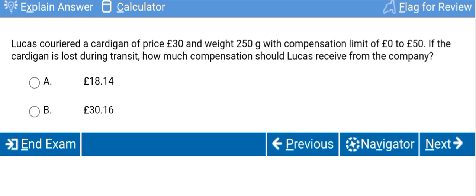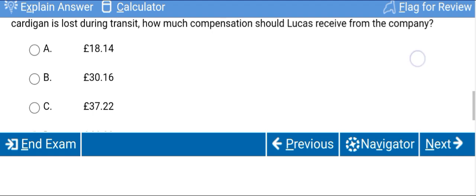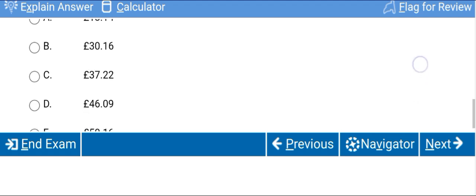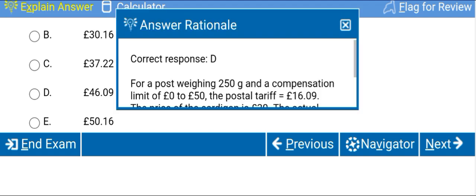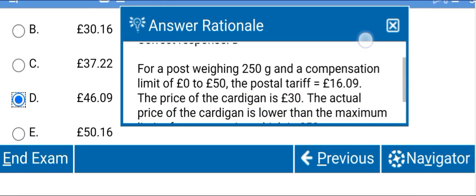Option A 18.14, option B 30.16, option C 37.22 pounds, option D 46.09 pounds, option E 50.16 pounds. The correct response is option D.